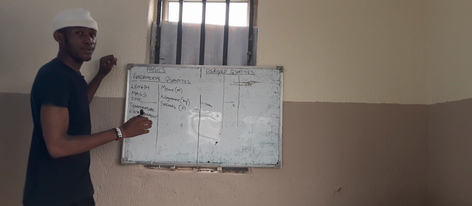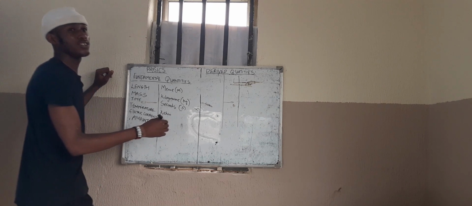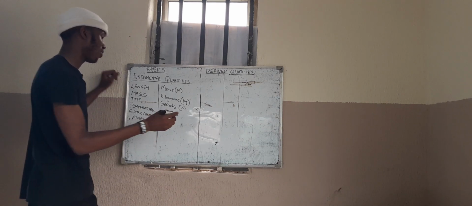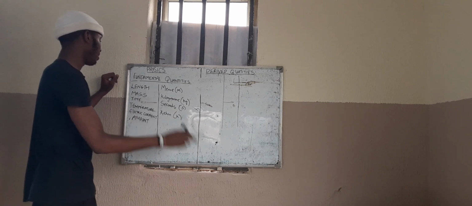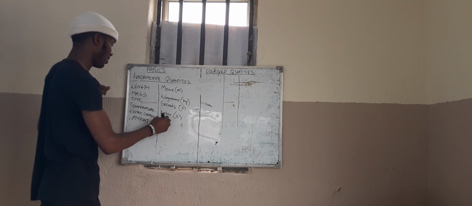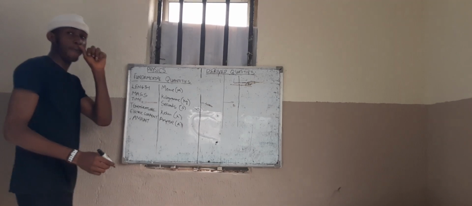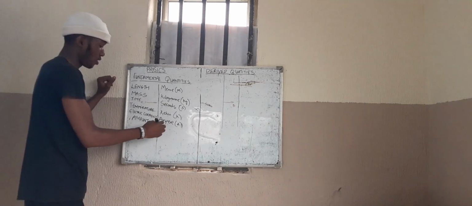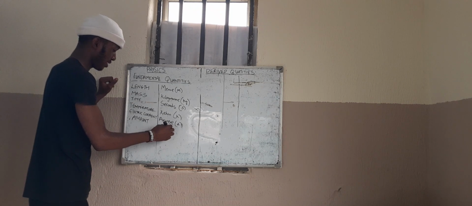Then the unit of temperature is Kelvin. You can also see Celsius, Fahrenheit, and so on, but you have Kelvin. Then the unit of electric current is ampere. It's measured in ampere. Then the unit of amount is called the mole. You hear about that more in chemistry.